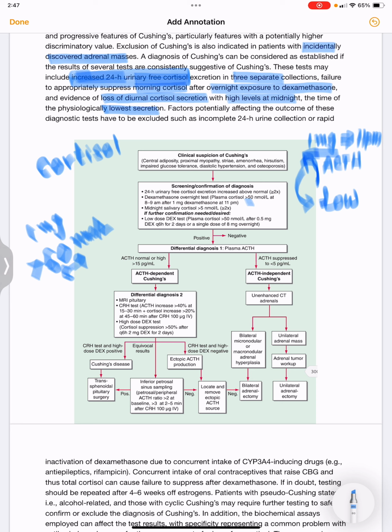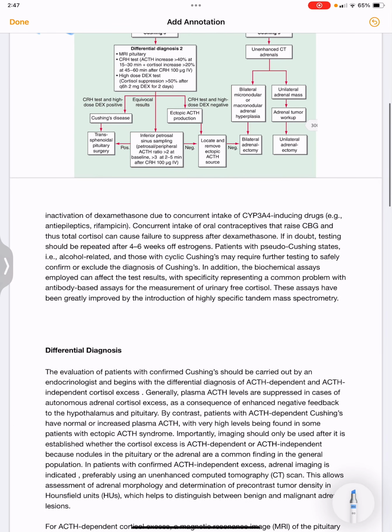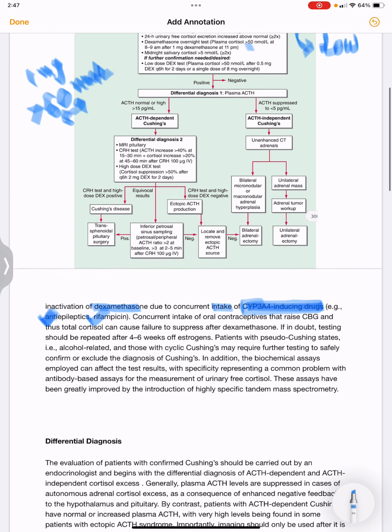What are the factors potentially affecting the outcome of these diagnostic tests that have to be excluded? Incomplete 24-hour urine collection, or rapid inactivation of dexamethasone due to concurrent intake of CYP3A4 inducing drugs, such as anti-epileptics and rifampicin.